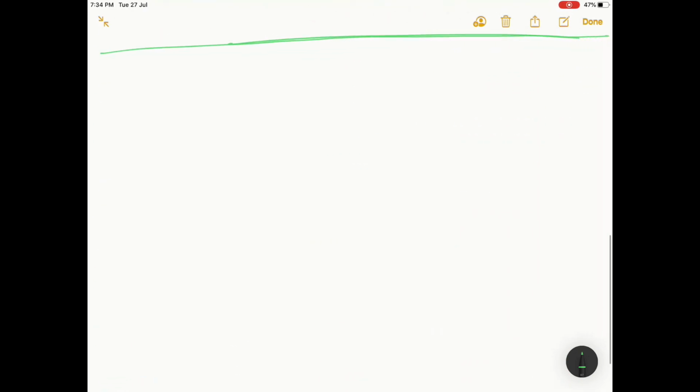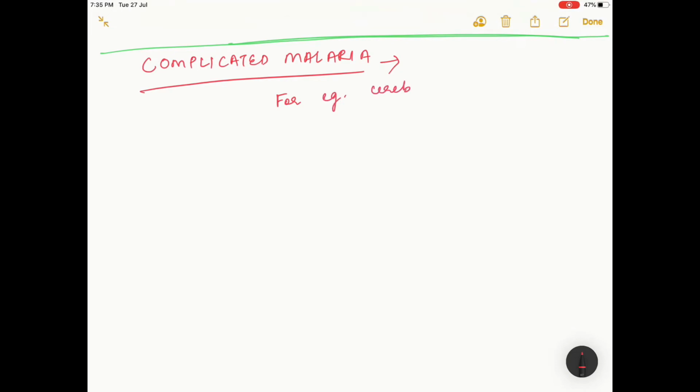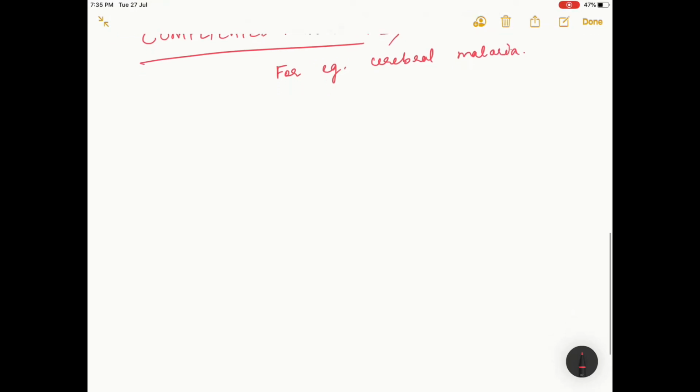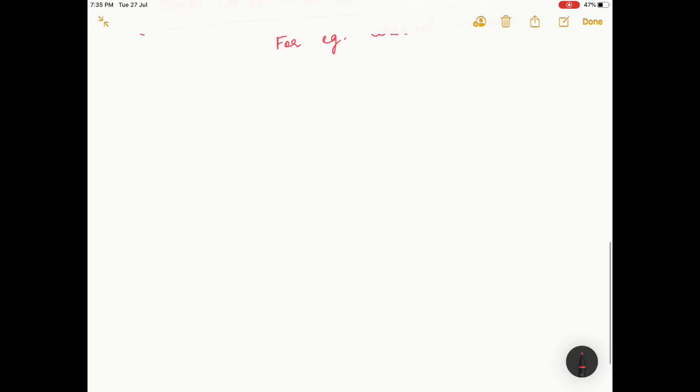Now coming to another thing, that is complicated malaria. For example, there are certain complications, such as cerebral malaria. The complications will be discussed in some other lecture.